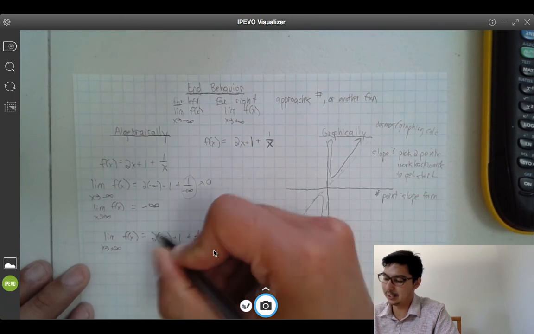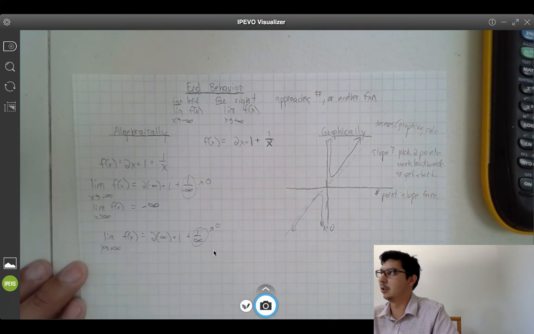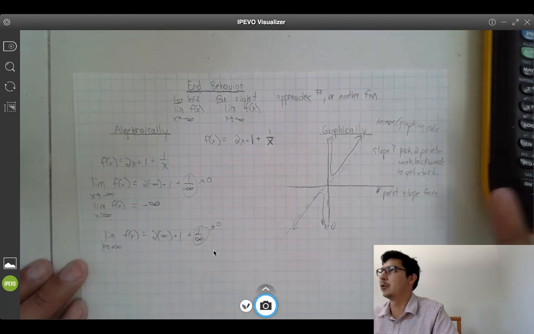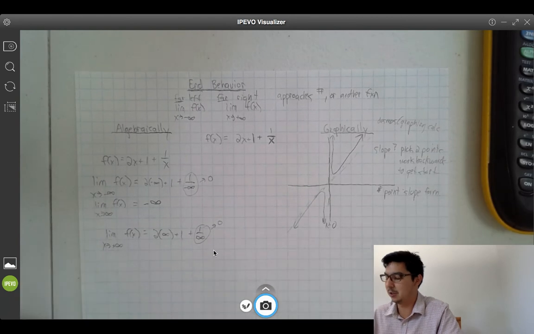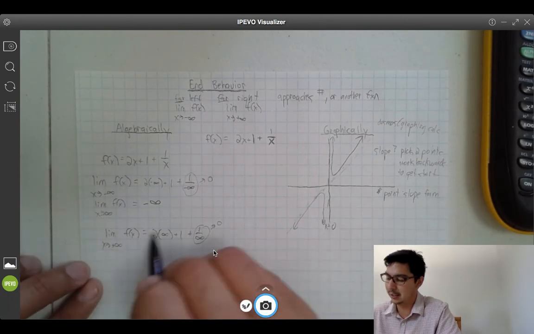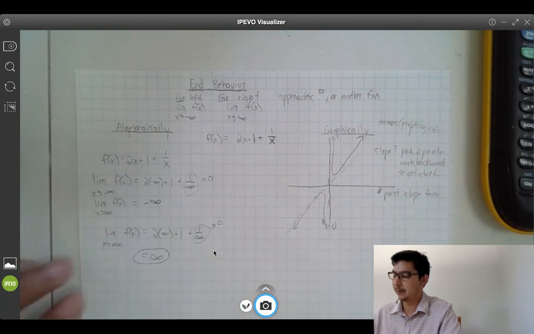You don't need to write this, I'm just writing it down. That part goes to 0 because 1 over a denominator that keeps getting larger, like 1/10, 1/100th, 1/1,000,000th, is going to be so tiny. And this just keeps blowing up, so that equals infinity.